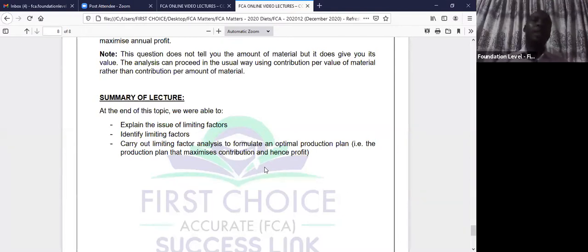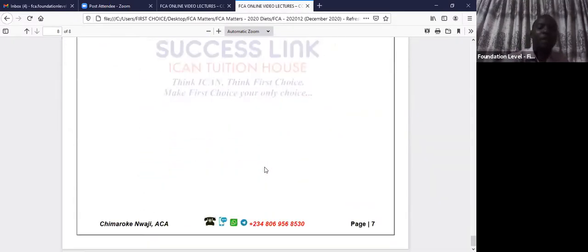But when there is a shortage, then you know the one that has a shortage is the limiting factor. If 2 or 3 have shortages, the one with the highest shortage is the limiting factor. After identifying your limiting factor and your contribution, you do your contribution per limiting factor. Then you rank. After ranking, you produce according to the demand and your ranking.